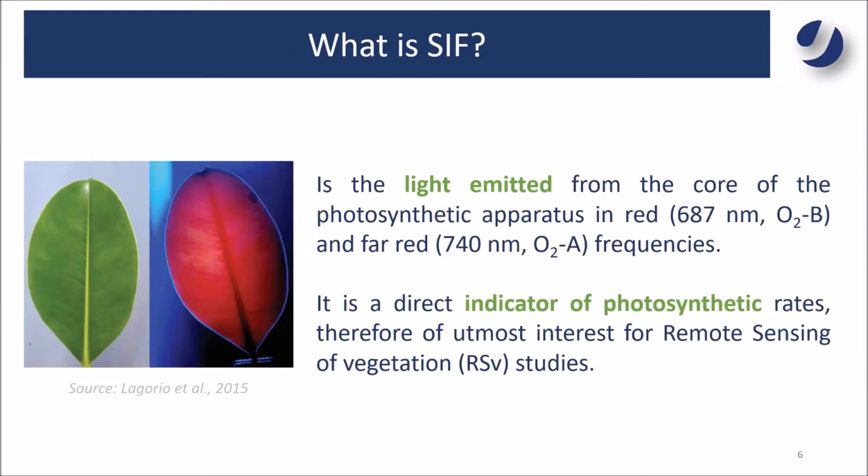I presented these slides before, but I will go quickly through them. Again, the SIF is this red light emitted in two frequencies, which is, by the way, of low intensity. Have in mind that this is a direct indicator of photosynthesis.